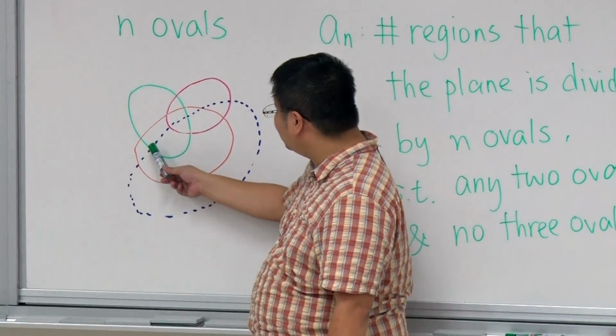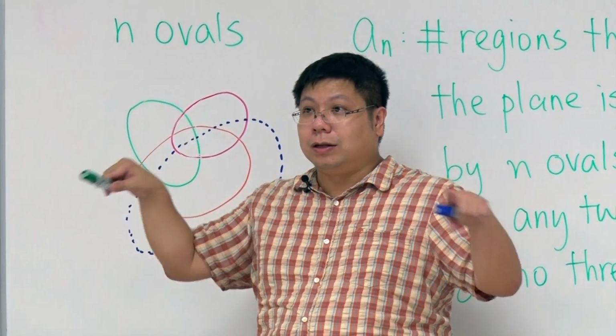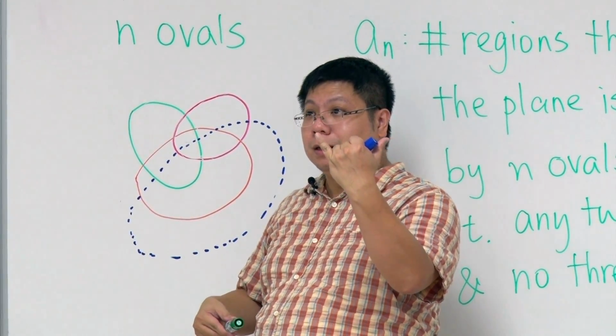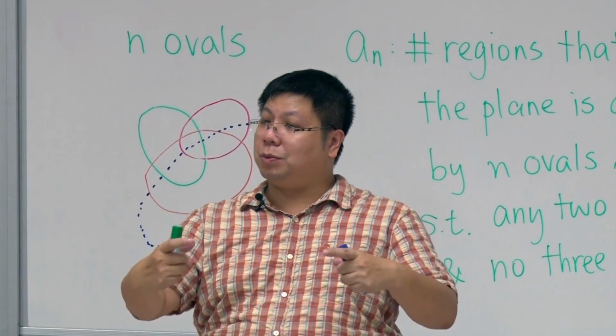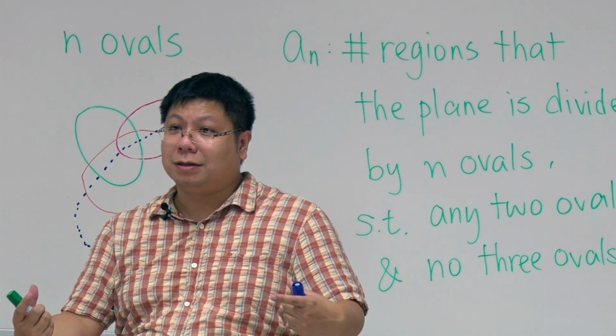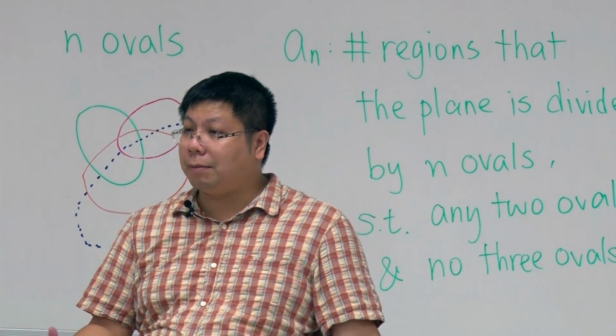I have 1, 2, 3, 4, 5, 6, 6 intersection points on an oval. Then I have 6 segments, right? So when I add the nth oval, how many intersection points will I be adding? 2 times (n minus 1).